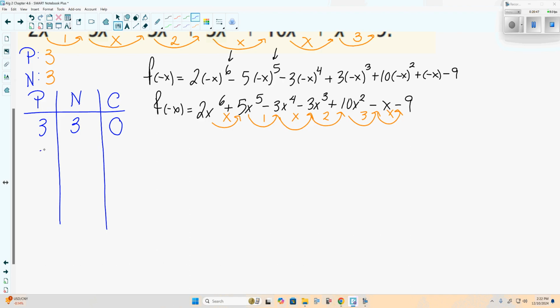Now the next one I would do is take 2 away from the negatives, because we could have 3 positives and 1 negative, which leaves me with how many complex? 2. Then I'd take another even amount from the negatives.